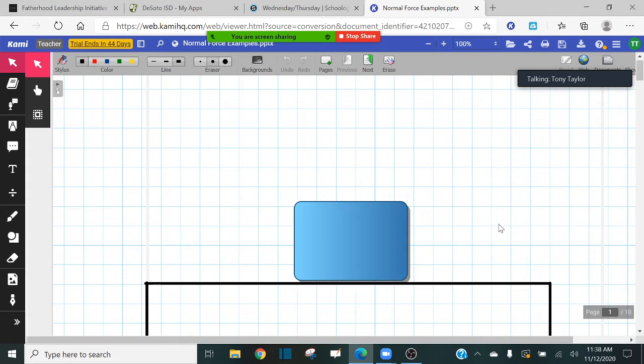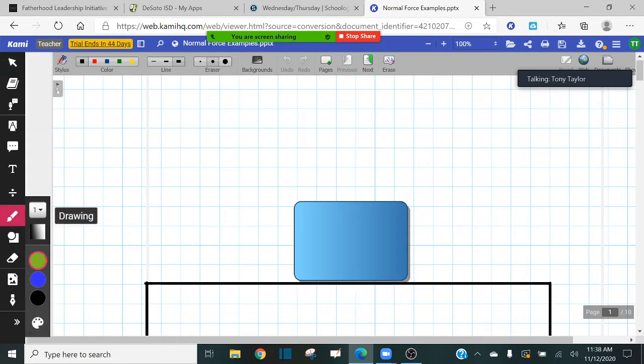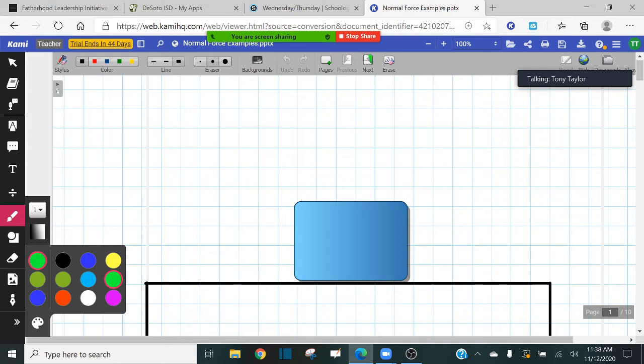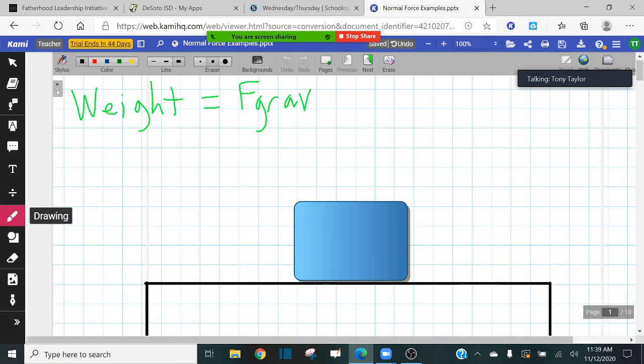So remember what I said last time, guys, that weight, whatever your weight is, is equivalent to the force of gravity acting on you. And again, we're talking about weight in newtons, not necessarily in pounds. In this class, we use newtons for weight.